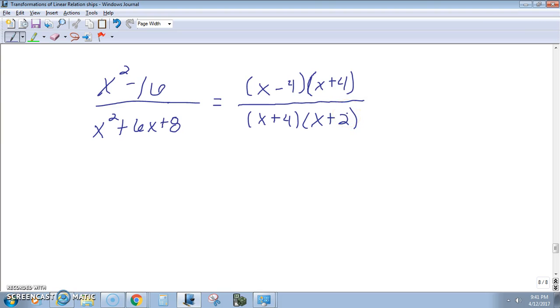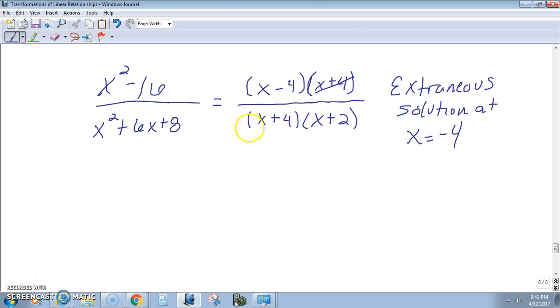So we know we're going to have a hole here. There's going to be a hole at -4, an extraneous solution, because these cancel out, so my domain's not going to exist there, right?